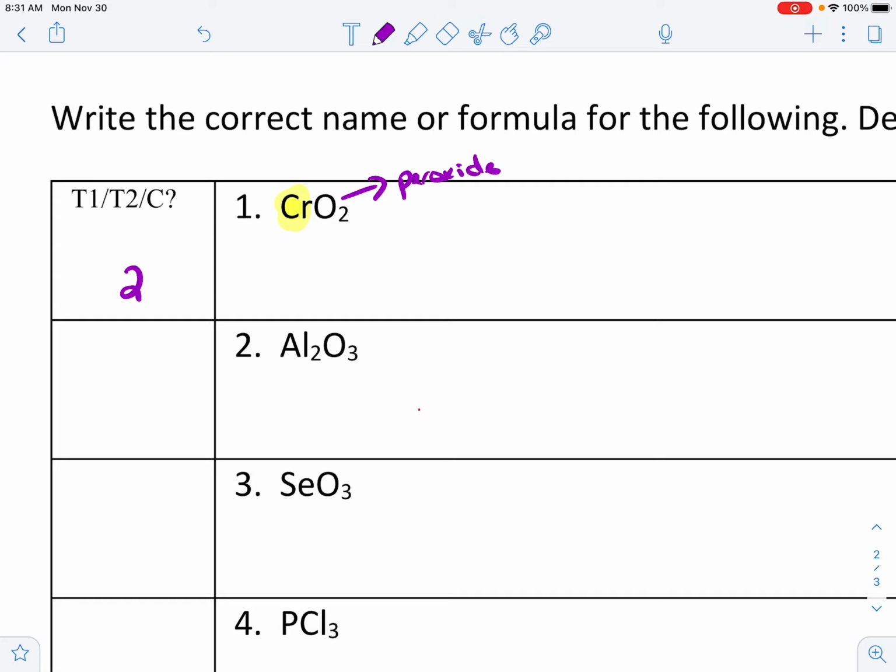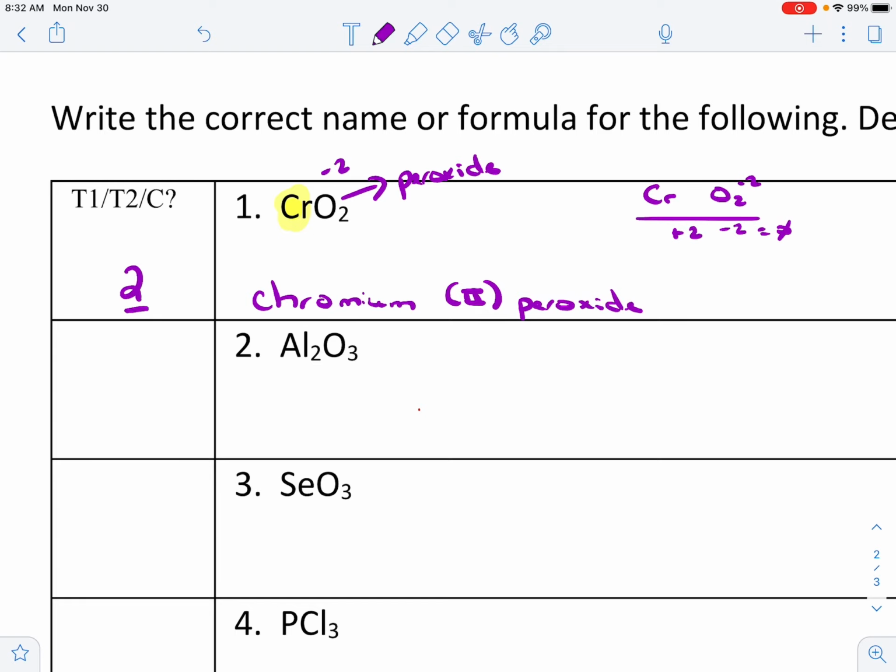So peroxide is up top, and its charge is -2. So I have one Cr, and I have O2, which is -2. So chromium has to be +2, and we are doing this because this is a type 2 compound. So we're going to say chromium 2 peroxide.